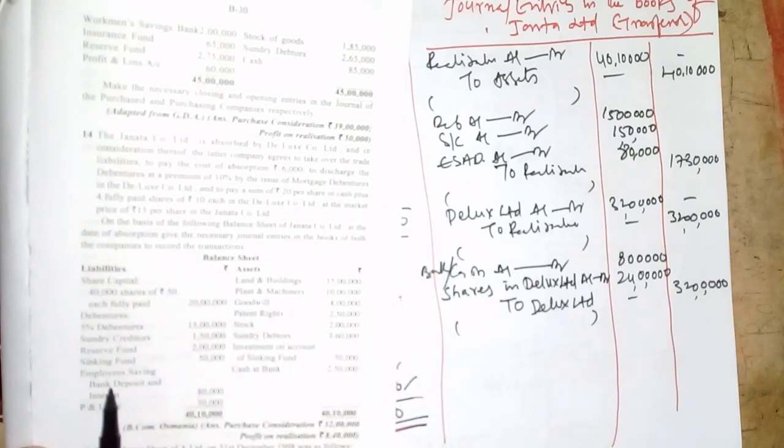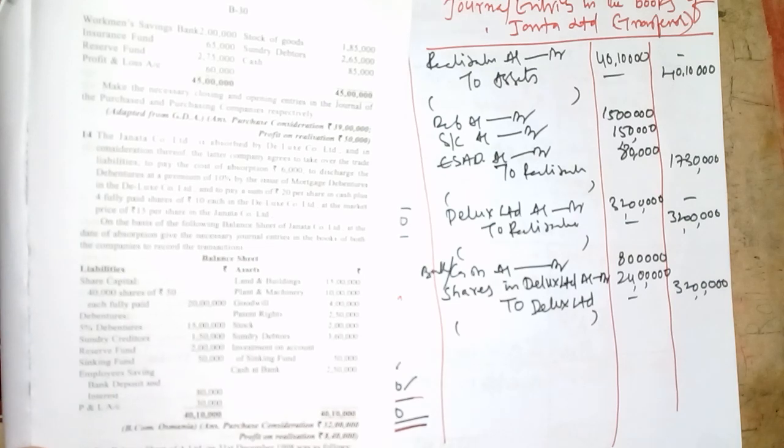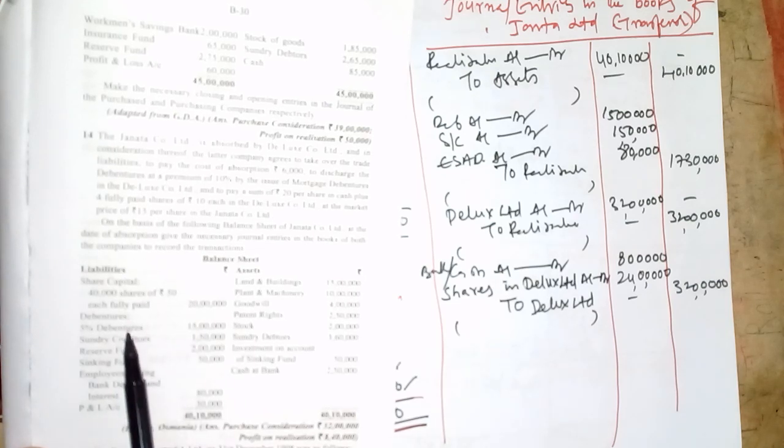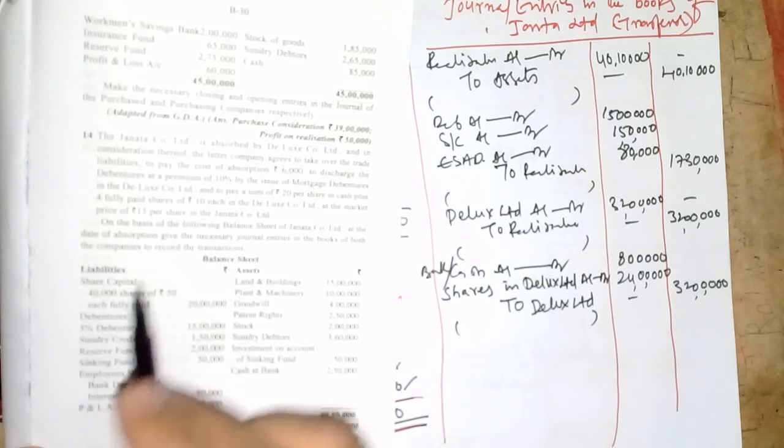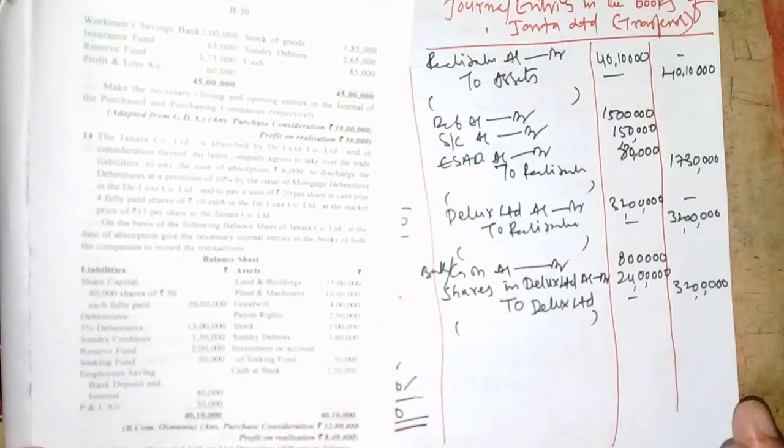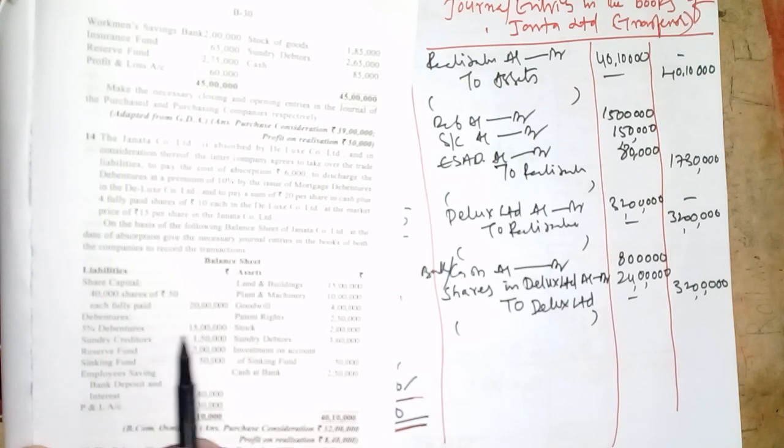Employee savings account is not a trade liability, but even debenture is not a trade liability. What do you mean by trade liability? Trade liability comprises creditors and bills payable only, in the sense, the liabilities which are generated during the process of doing the business. Because it is given that debentures are taken over, therefore we are taking debentures. But the employee savings account is to be paid off.